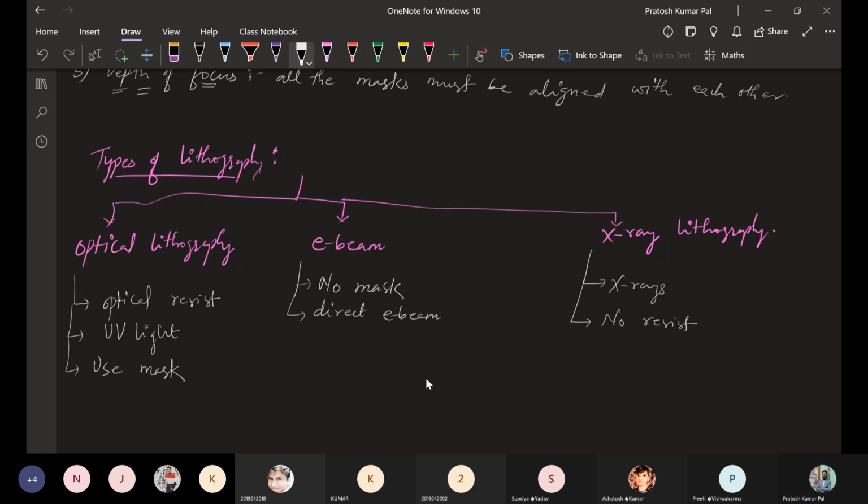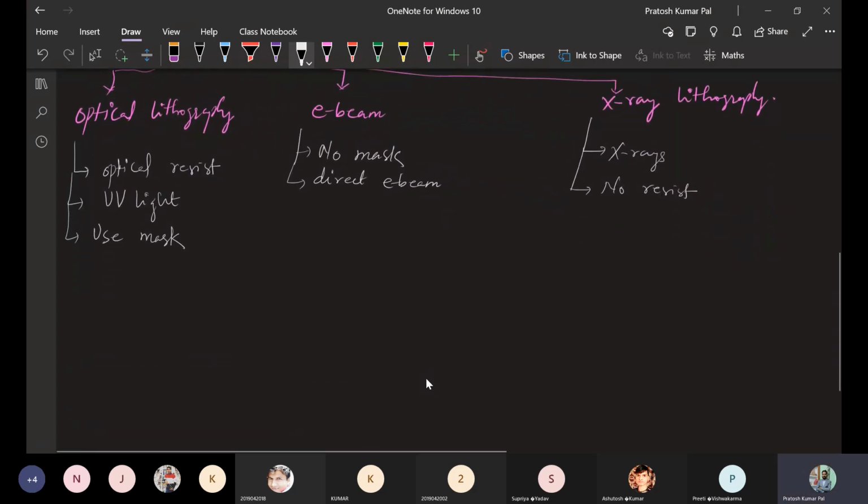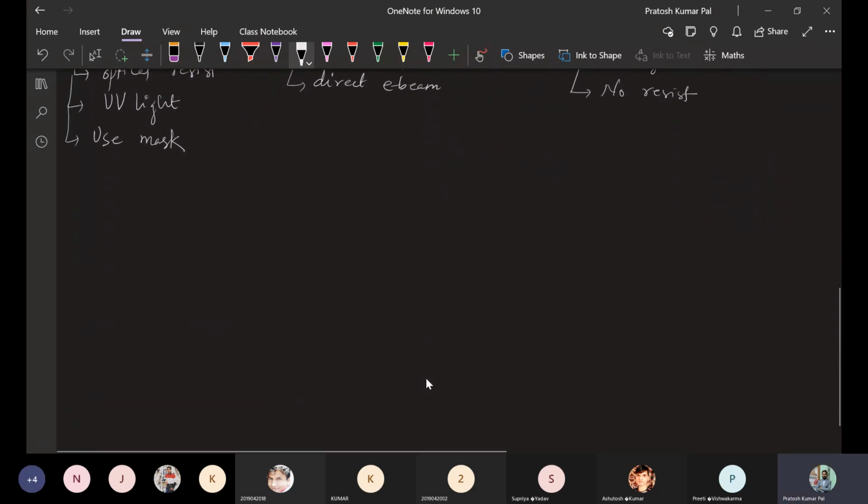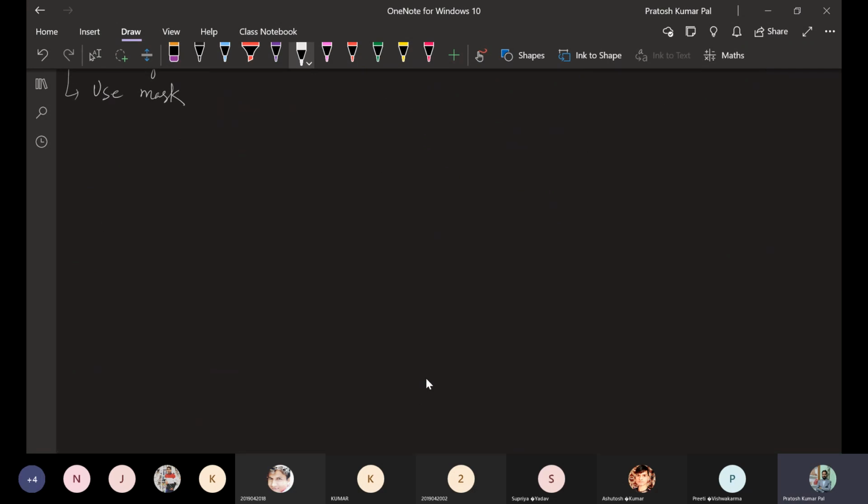Okay. So we will see these lithographies one by one. The steps that we have followed in photolithography are similar to optical lithography. So similar steps will be there. In the case of optical lithography, we will see different types of optical lithography.